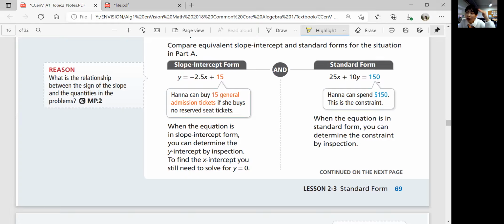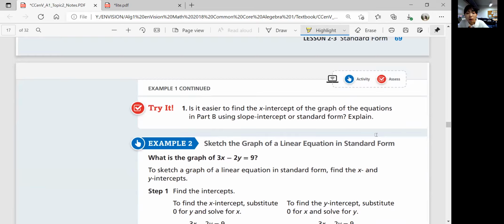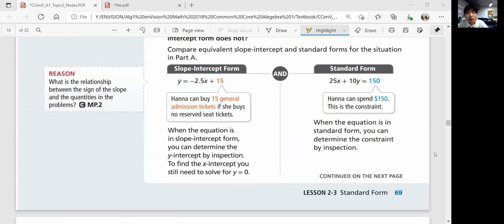That's when your y, your height, is 0, because all the points on the x-axis have no height. It's when y is equal to 0. So, thinking about that, what do you think is easier? The slope-intercept form or the standard form?